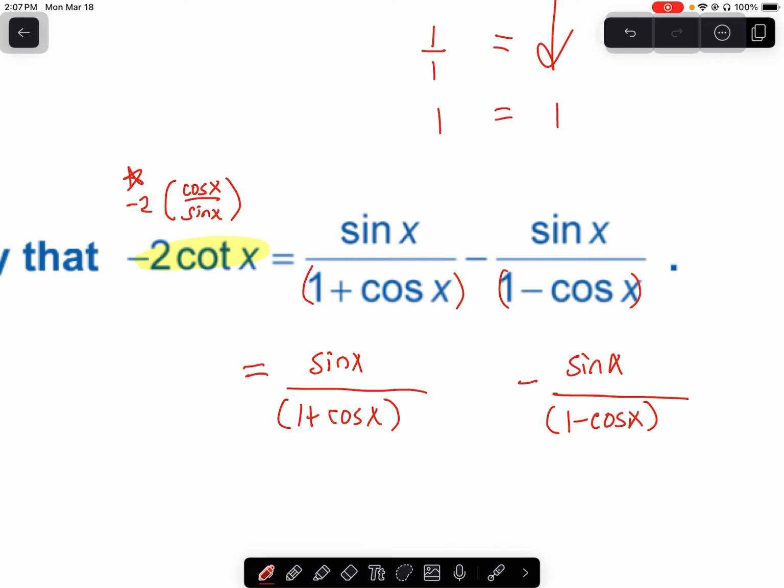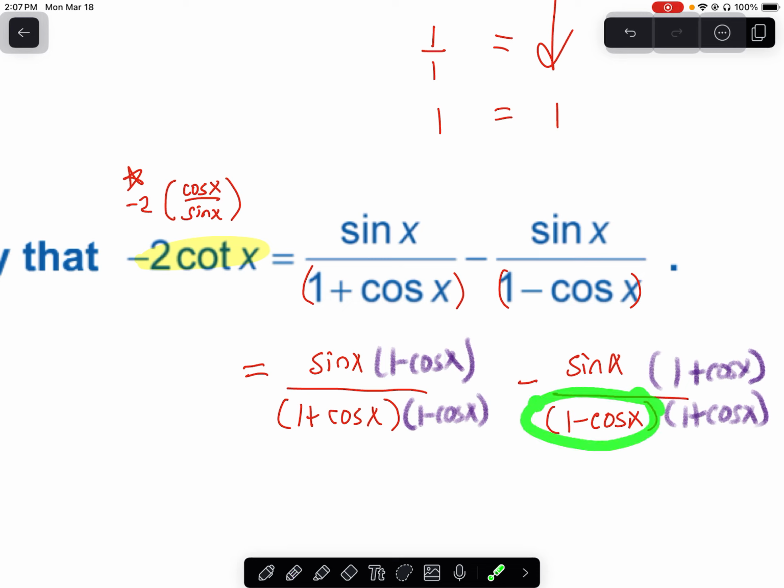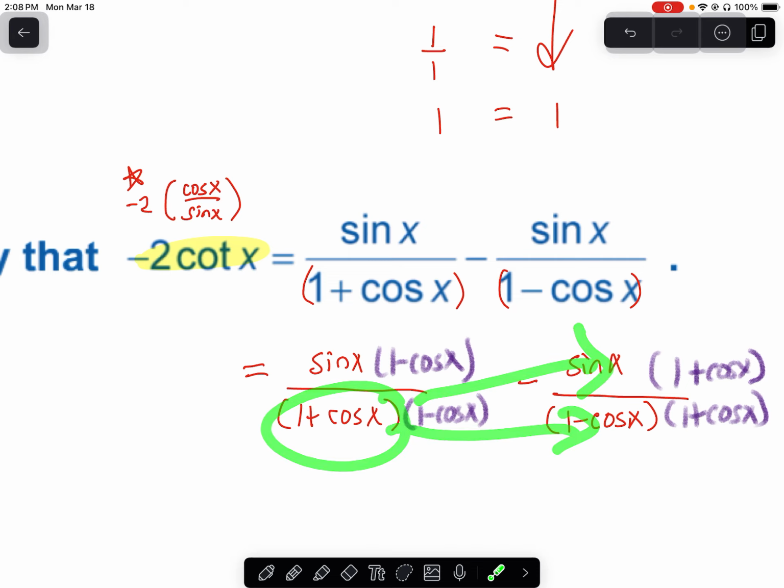Now we know we need a very simple cosine over sine eventually. So I'm going to multiply 1 minus cosine here and a 1 plus cosine here. I just kind of reversed them. So look, I did this one, top and bottom over here. I did this one, top and bottom over there.